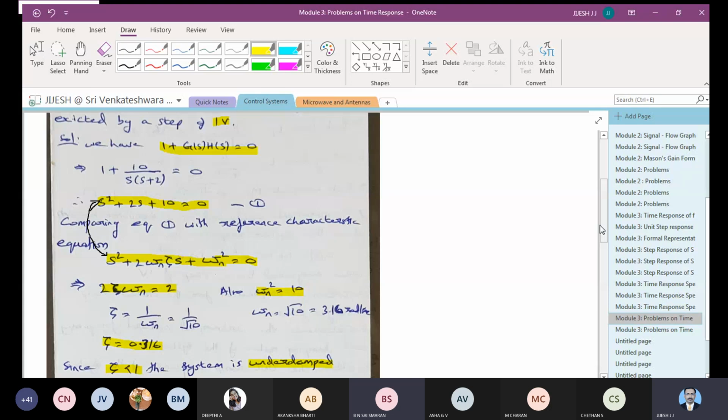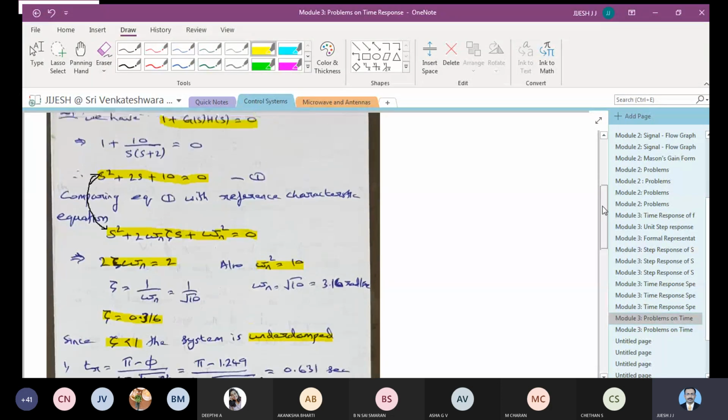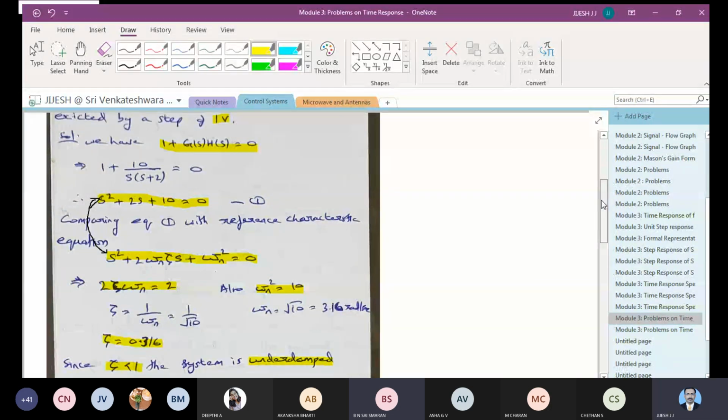No. You have to do it in radians. See, omega is 3.16 radians per second. So here also you'll get all these values. How much are you getting? Any one of you got 1.249? Yes, sir. If you do it in radians, we'll get that. Okay, okay, fine.